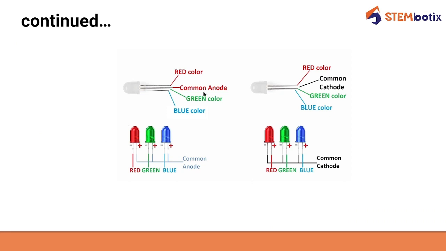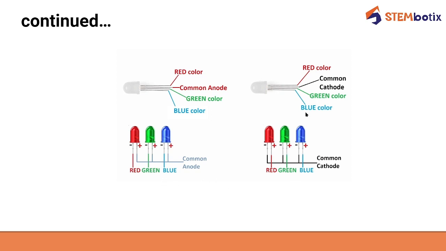This is a pictorial representation of your RGB LED. First is the common anode type and the second one is the common cathode type. In this common anode type, this anode would get connected to the positive supply, and these three would be connected to ground.